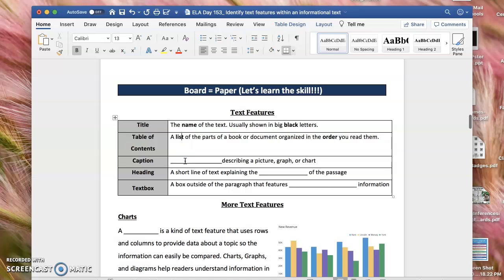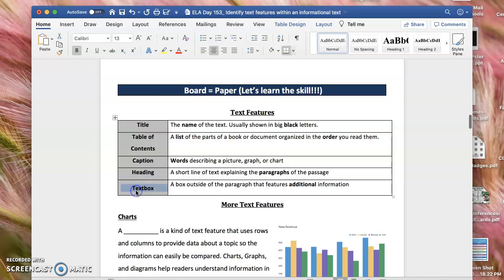A caption is words describing a picture, graph, or chart. A heading is a short line or phrase explaining the paragraphs of the passage. And then lastly, the text box is a box that gives us additional information.